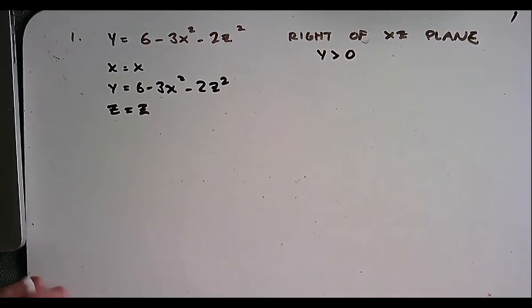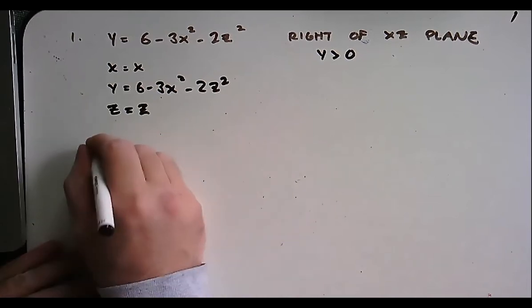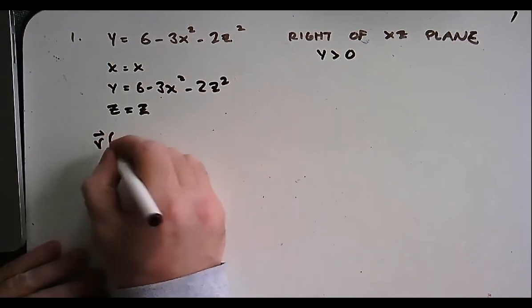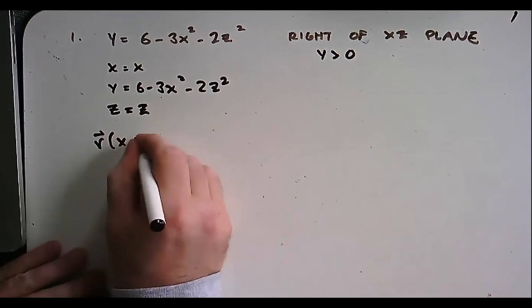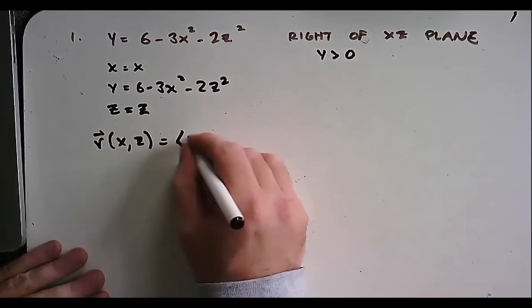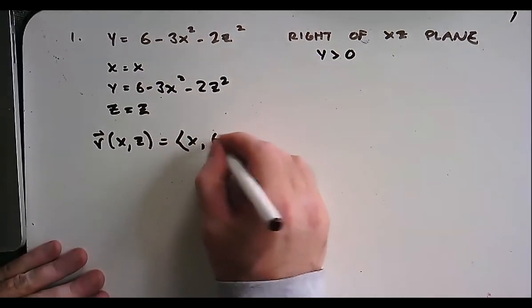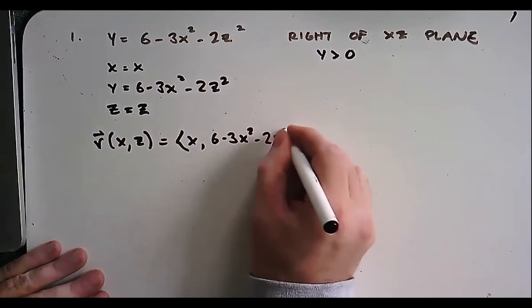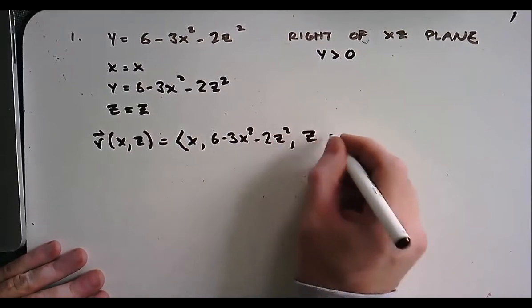So we've pretty much finished the problem here. We're just going to write our parametric equation now. R of x and z will output the vector x, comma 6 minus 3x squared minus 2z squared, comma z.